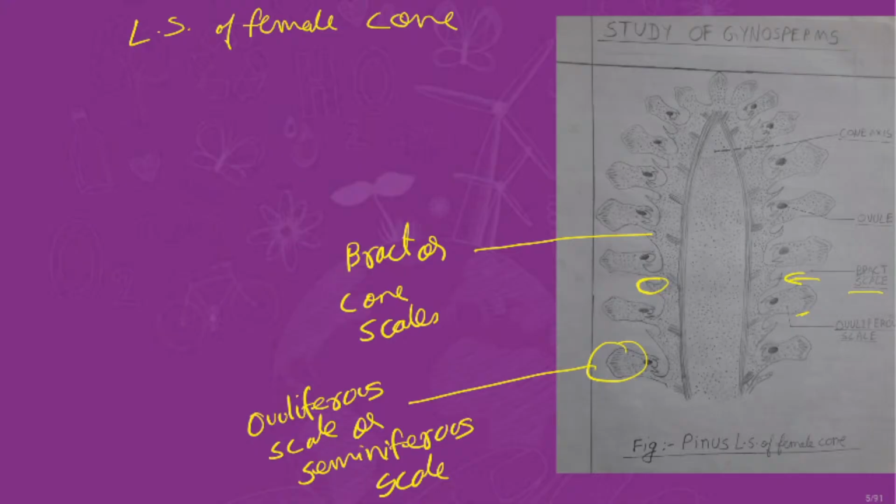Morphology of female cone. The female cones are larger than the male cones. They are borne at the apices of the young elongated shoots, replacing the shoot of unlimited growth, the long shoot.